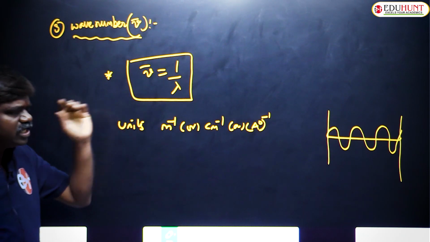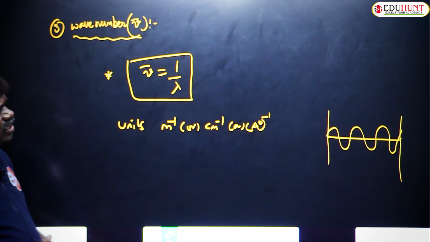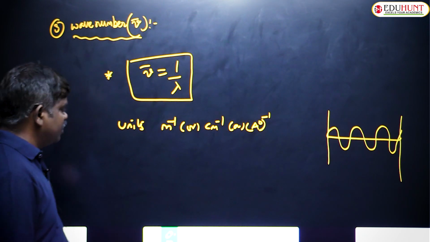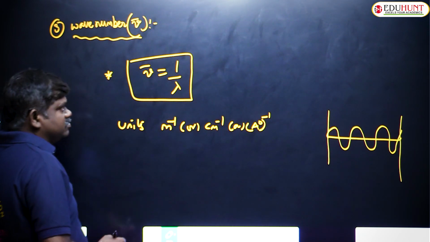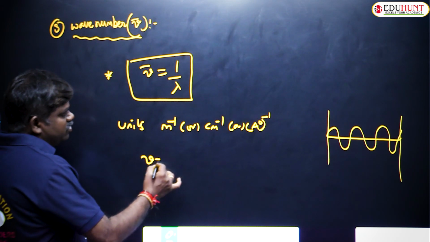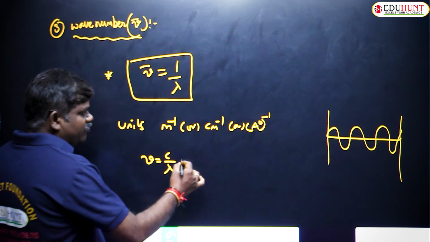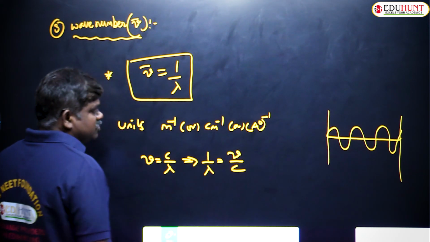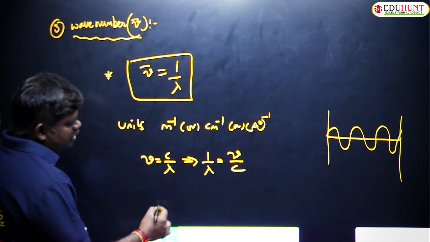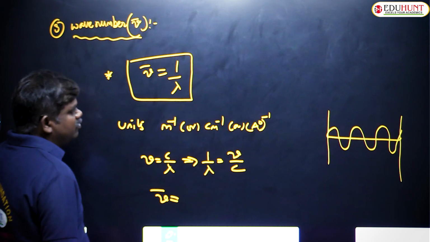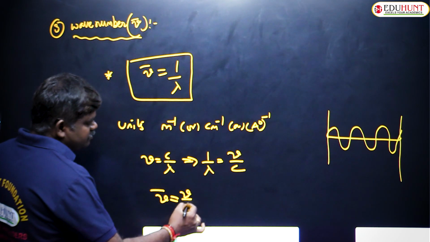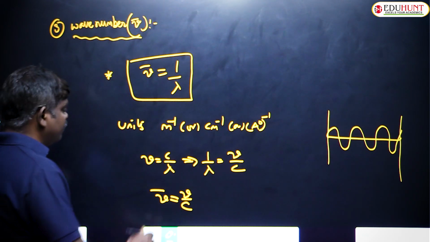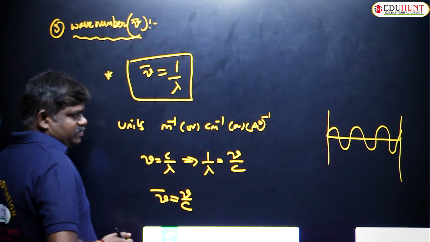Now we will relate wave number to frequency. What is frequency? Nu is equal to c by lambda. Then 1 by lambda is nu by c. So instead of 1 by lambda, we can put nu bar is equal to nu by c, because 1 by lambda is equal to nu by c.